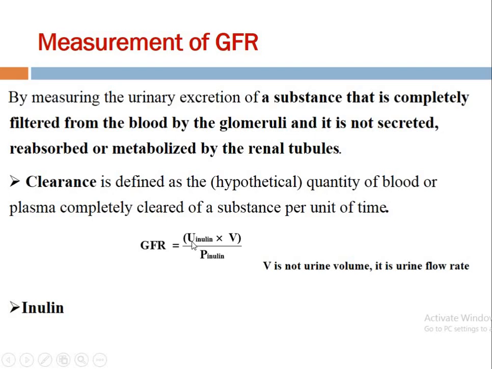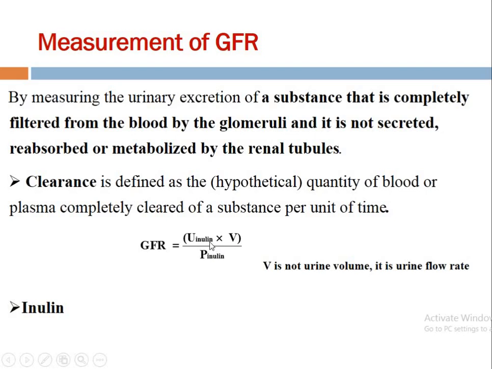So for measuring GFR, we can use a substance which is known as inulin. This U-inulin means the urinary concentration of inulin. Inulin is a polysaccharide which is obtained from dahlia roots. That is a plant. It is a polymer of fructose.